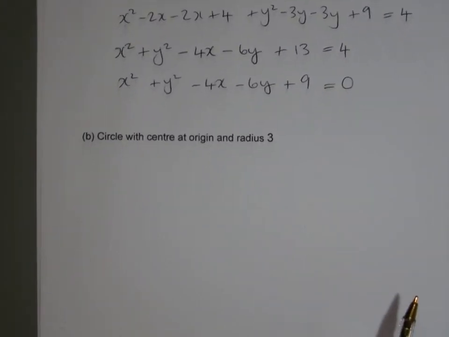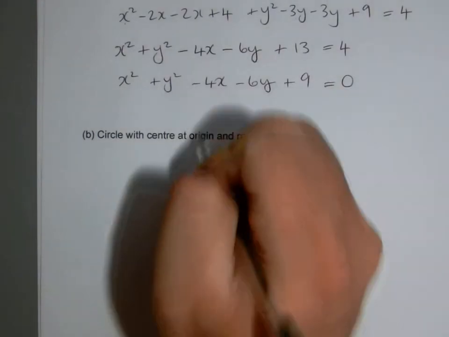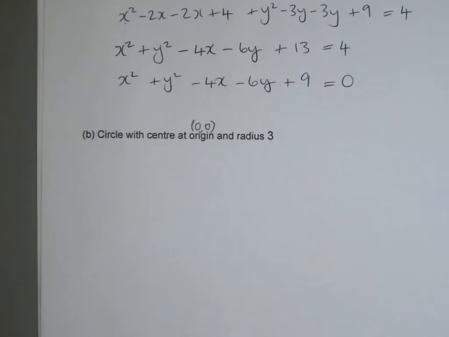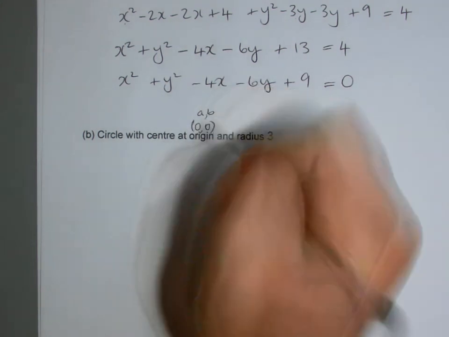Circle then, let's look at B. Circle with centre at the origin, radius 3. Now, the origin, of course, is (0, 0), isn't it? So that means your a is 0, your b is 0.